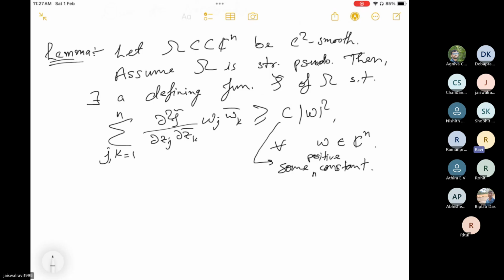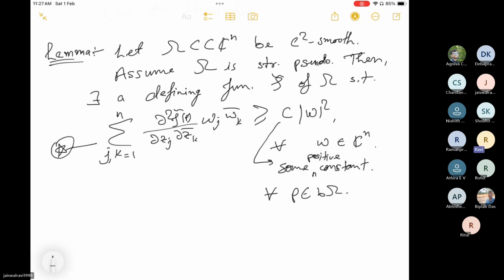So let us recall. When we have a strongly convex domain, I have proved that there exists a rho tilde such that this type of estimate is true for the real Hessian. Now I am saying that if omega is strongly pseudoconvex, then we also find one defining function rho tilde such that this star is true for all p on boundary omega.